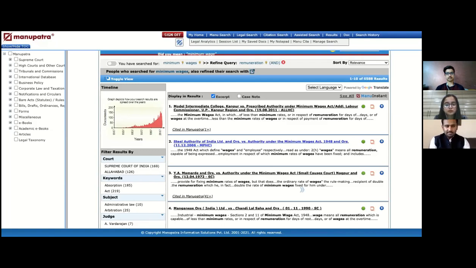So this is a very easy way to look for queries. It is easy in the sense that you do not have to go beyond the comfort of your office, beyond the comfort of your laptop. It becomes a little tedious and monotonous because you end up typing synonyms of a particular query. For example, if I am to research on constituent assembly debates, they have subcategories.